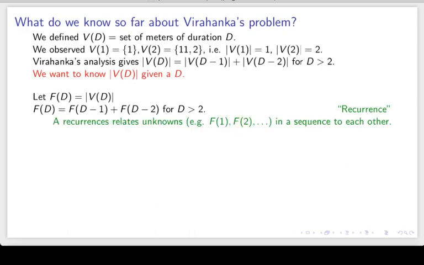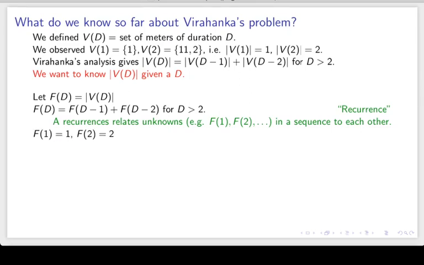So a recurrence relates unknowns, for example f1, f2, in a sequence to each other. So this really is a family of equations. This is saying f of 3 equals f of 2 plus f of 1, or f of 4 equals f of 3 plus f of 2, and so on. That is what we got from Virahanka's analysis.